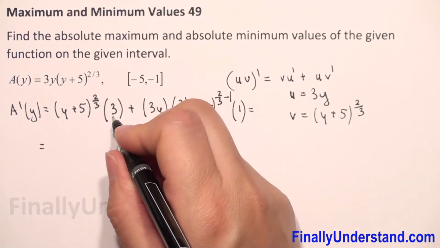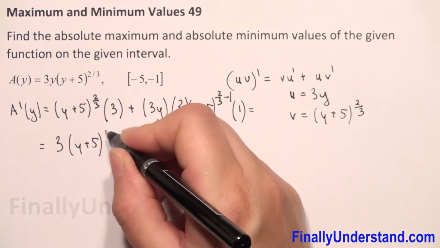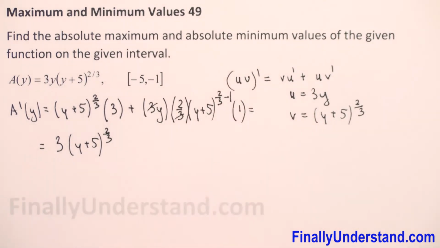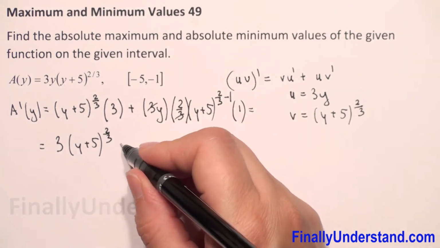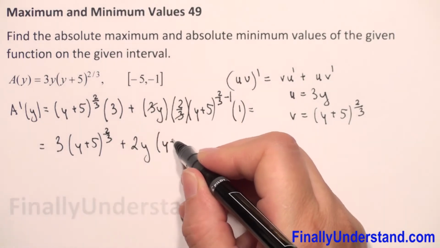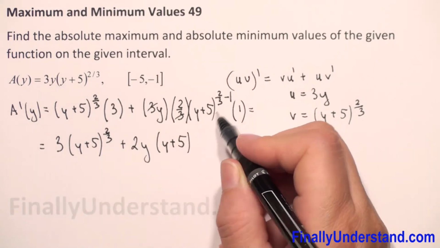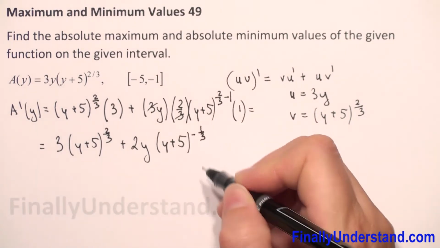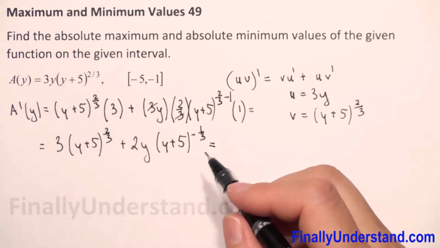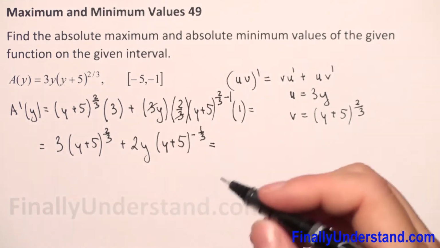So this is equal. We can put 3 first, so it will be 3 times (y plus 5) to power 2 over 3. 3 and 3 we can reduce. So we have plus 2y times (y plus 5) to power 2 over 3 minus 1 is negative 1 over 3. So this is equal. We can factorize (y plus 5) to power 2 over 3.